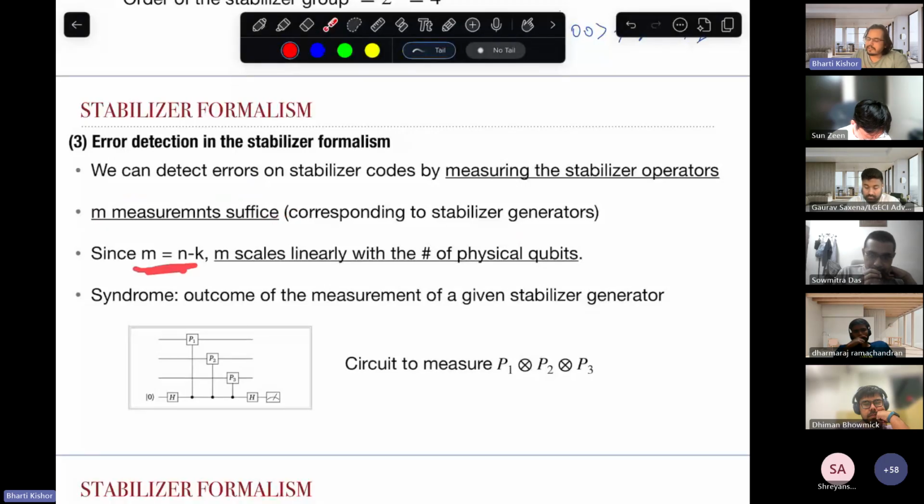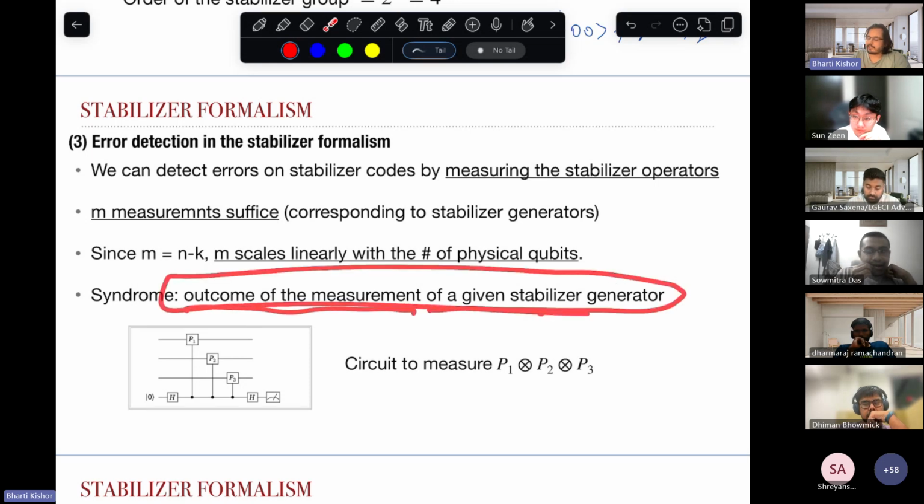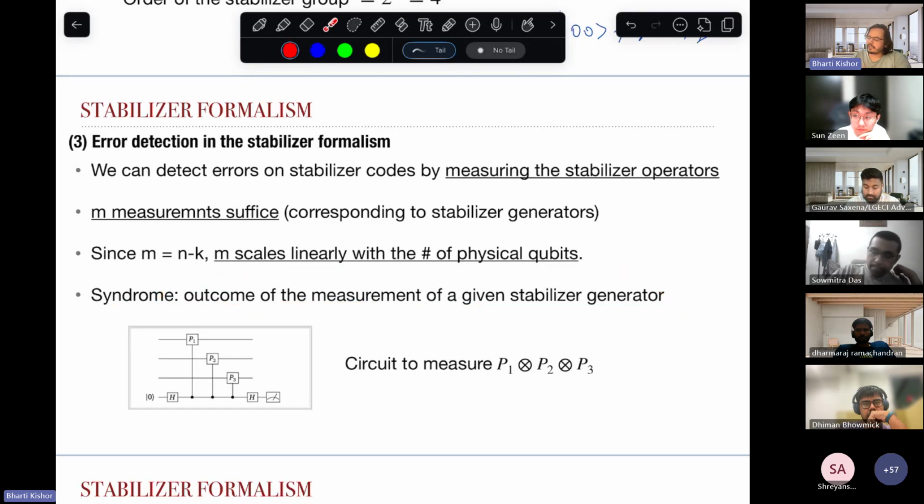And because m is n minus k, m scales linearly with the number of physical qubits, so you don't need to measure too many operators. And once you measure, you get a bunch of bit strings, and those bit strings are what you call the syndrome. So the syndrome is the outcome of the measurement of a given stabilizer generator. You can think of it like, suppose you have some illness, and then it's a test report that you get.